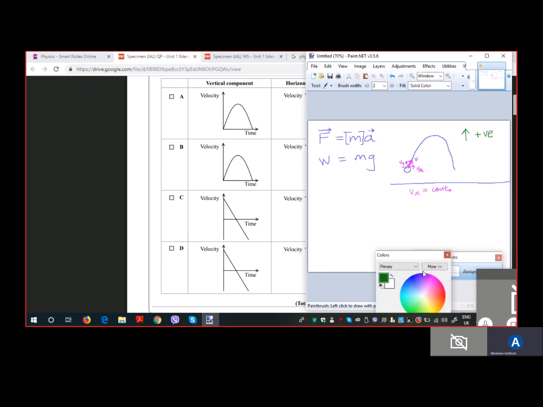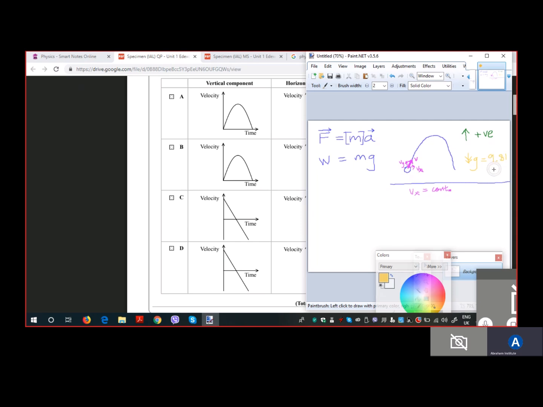Now which way is g? The acceleration of free fall is downwards. In the beginning, the velocity Vy is up. After this point, Vy is downwards. Do you get it? And this g is a constant. And how much is that?